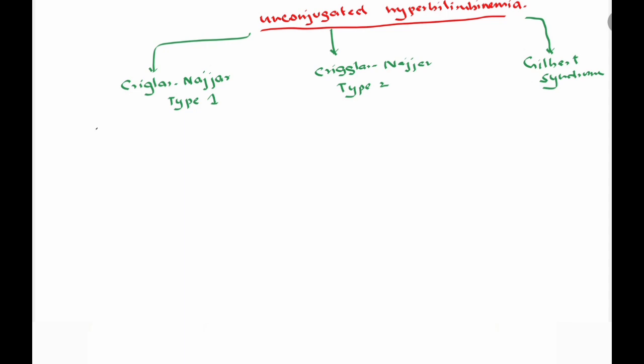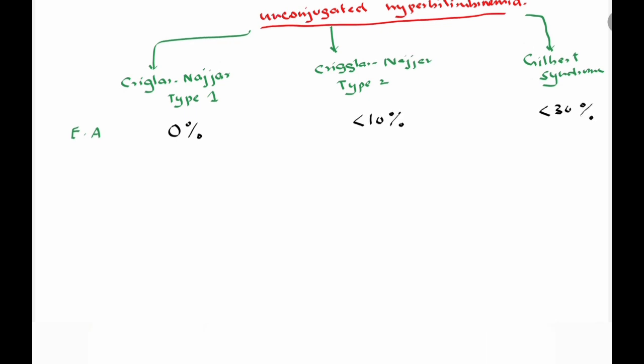In all these, there's a defect in the enzyme which is responsible for glucuronidation or conjugation. Enzyme activity in Crigler-Najjar syndrome type 1 is 0%, while in type 2 it is less than 10% and in Gilbert syndrome it is less than 30%.